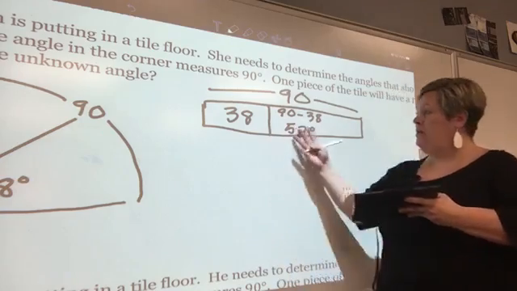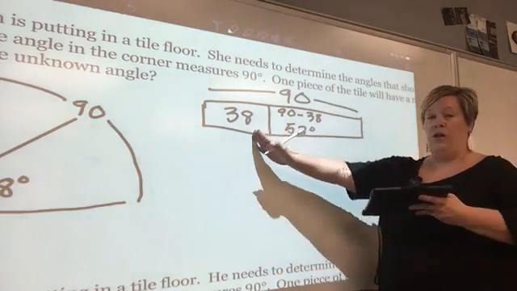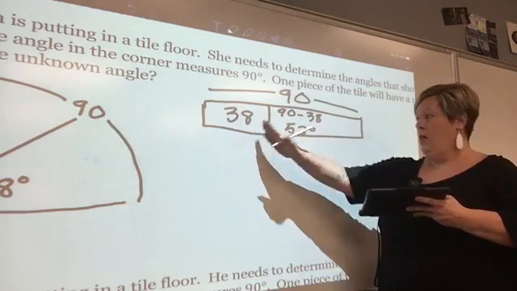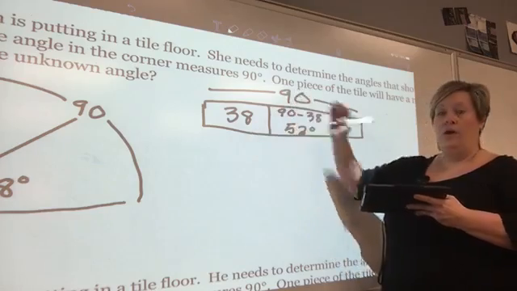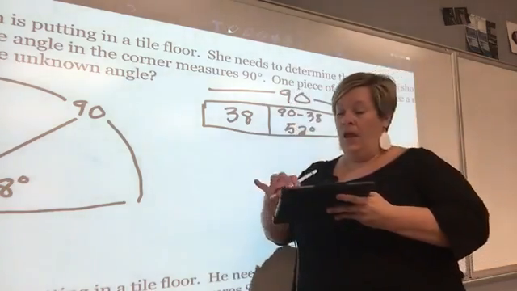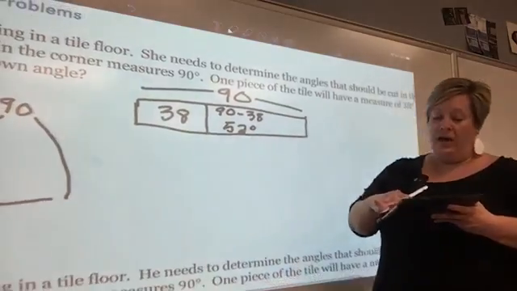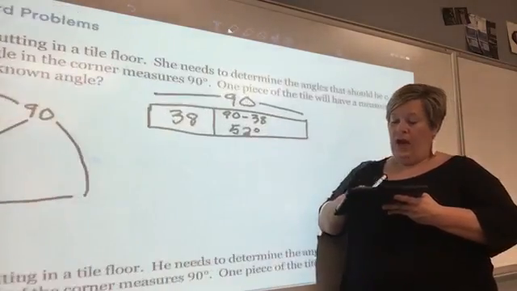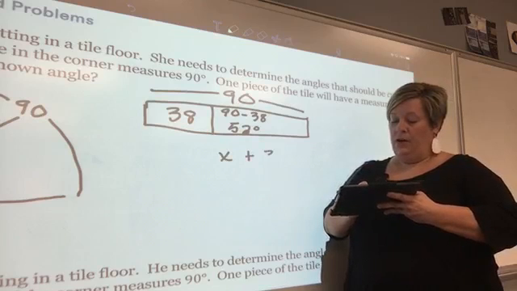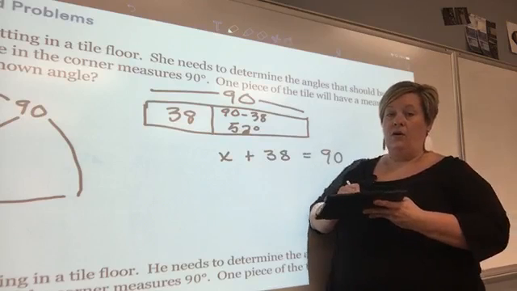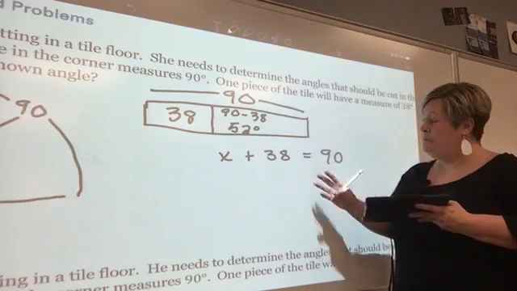So using our tape diagram, I can see that my 38-degree cut tile with a 52-degree cut tile will fit into my corner that measures 90 degrees. If I wanted to model this algebraically, I could show that my missing measurement plus the 38 that I'm given is going to equal the 90-degree angle in the corner that I have.